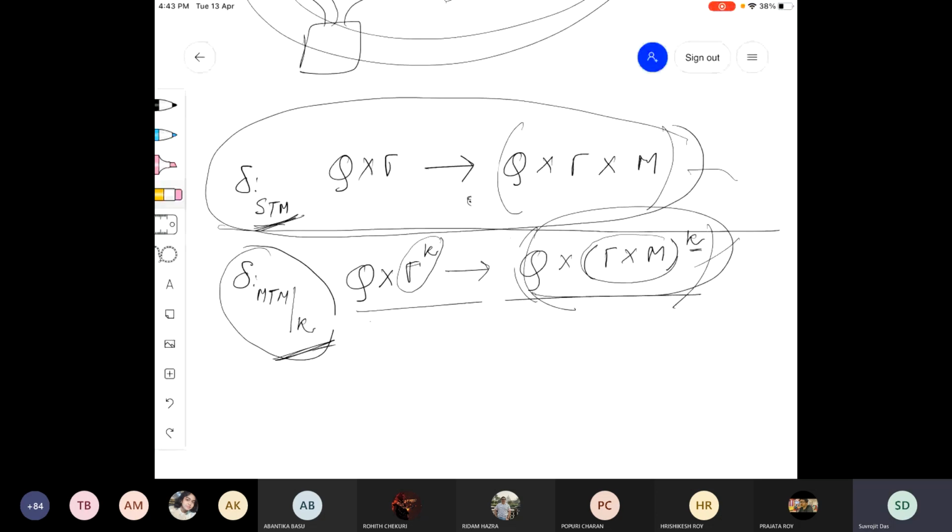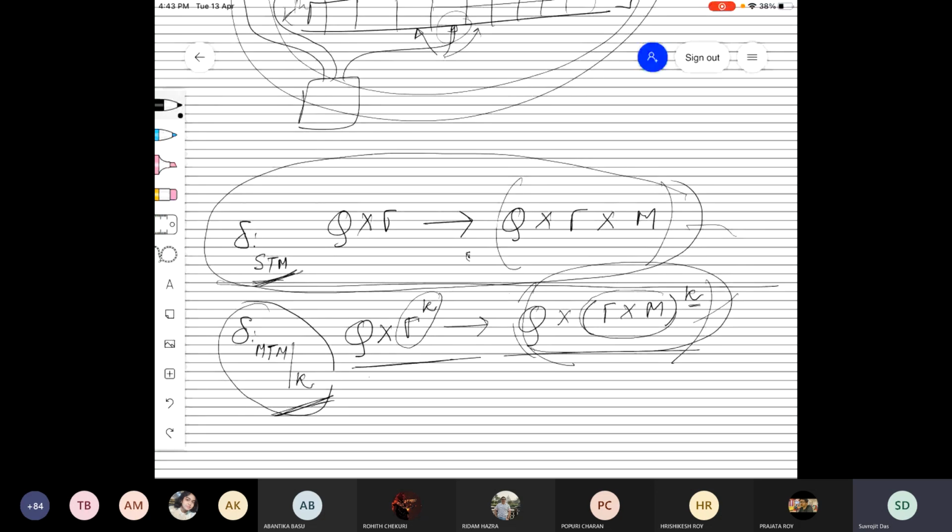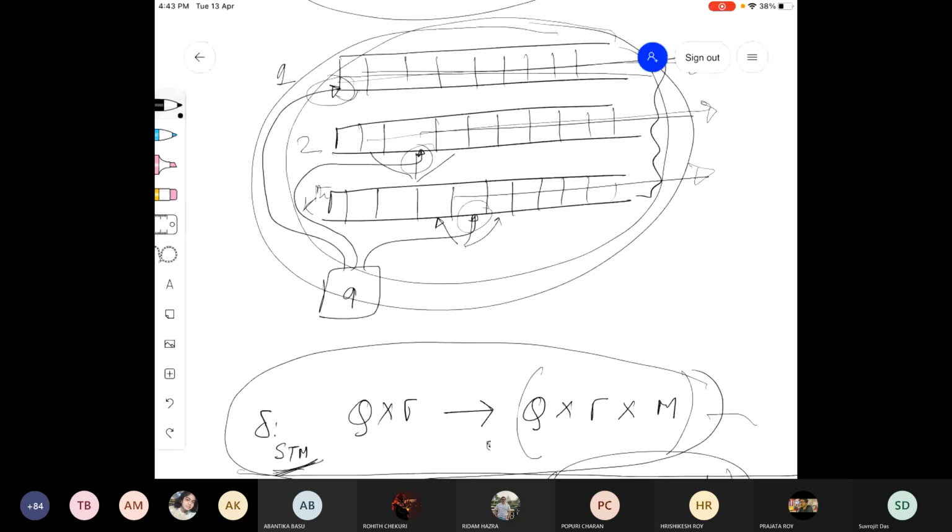Right? So here, a k-tape Turing machine means that in some state q, you are in this position in tape number 1 scanning a, you are in this position of tape number 2 scanning a symbol b, and you are in this position in tape number 3 scanning a symbol c.